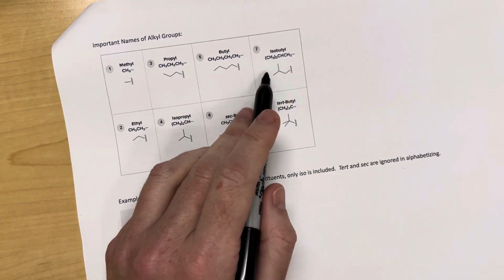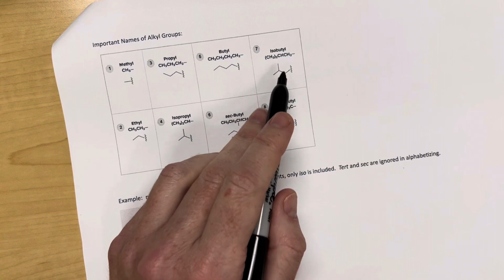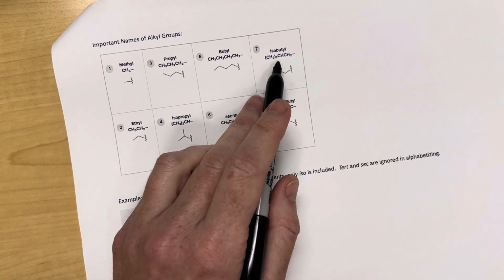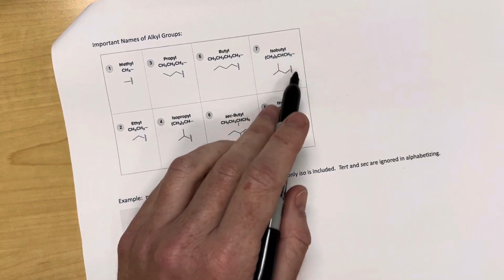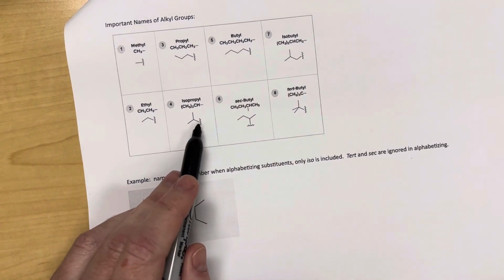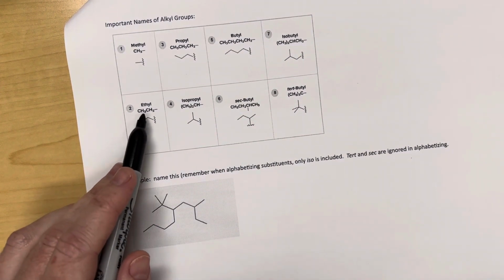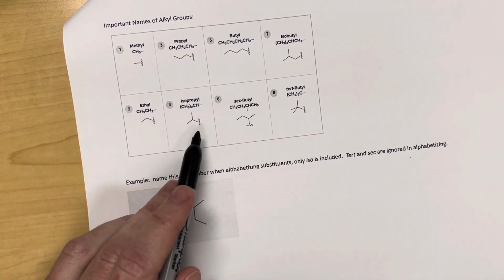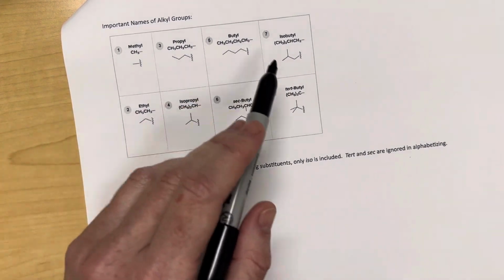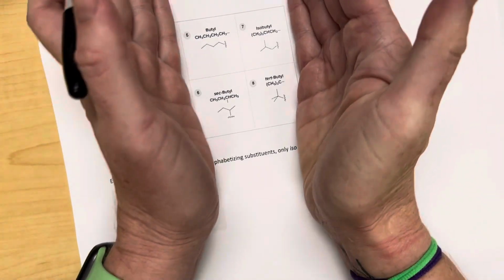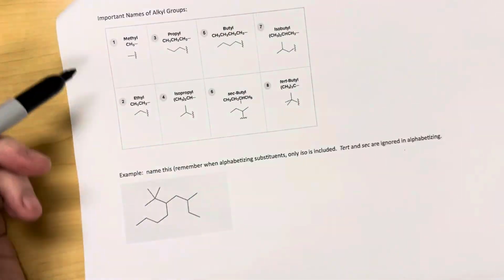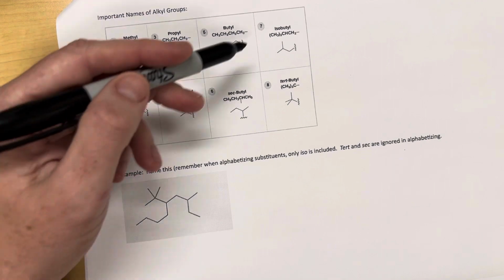So it has 1, 2, 3, 4 carbons attached to something else. So this would be considered isobutyl, as opposed to isopropyl. It doesn't have this extra carbon right there. So isopropyl looks like a Y. I don't really like the order that they did it, but I see here are the butyls, there are the propyls, and there are the methyls. It does kind of label them 1, 2, 3, 4, 5, 6, 7, 8.